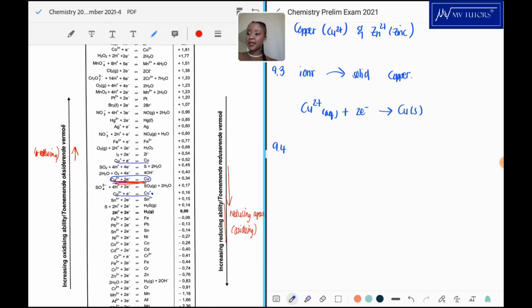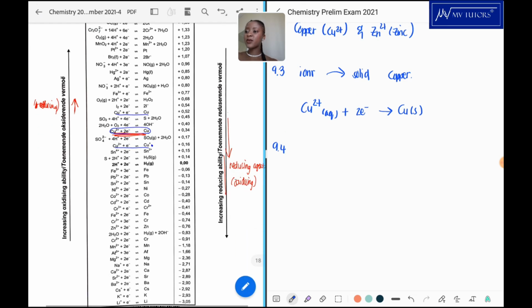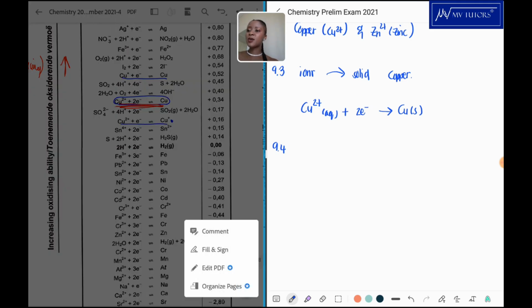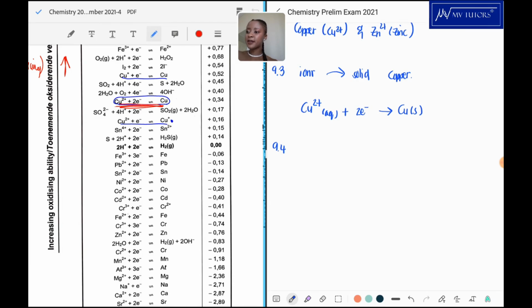Reducing ability is high if you go upwards, but oxidizing ability is high going down. We see we have copper here, so it has the ability to reduce, meaning accepting electrons, meaning gaining weight. But if you look at zinc, where is zinc? Let's go down. Oh, there it is. Zinc does not have a high reducing ability. Copper does.